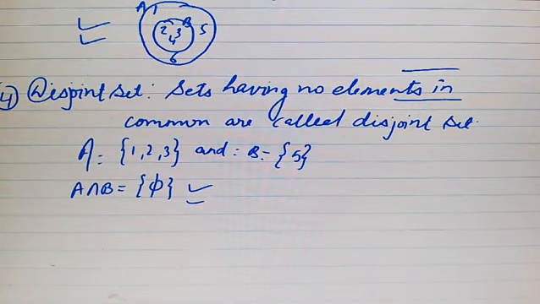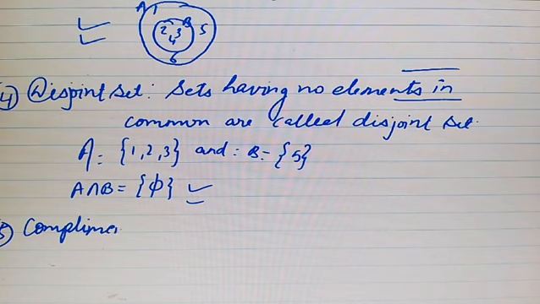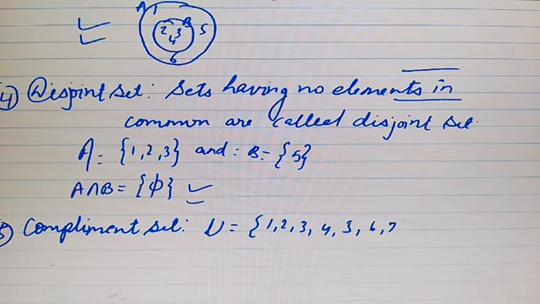Now let's move to the next point, and that is complement of a set. What is complement? Complement is always noted with regard to the universal set. If I'm writing here U is equal to 1, 2, 3, 4, 5, 6, 7 and set A is equal to 5, 6, 7, then what is the complement of A?